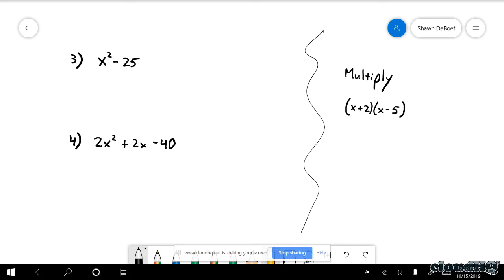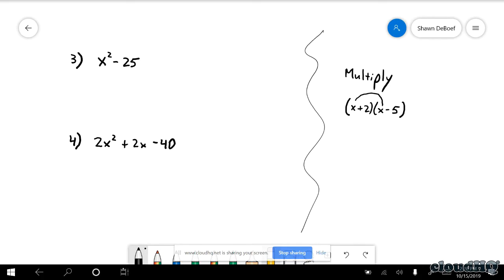FOIL, if someone say FOIL, distribute, or FOIL, some of you might have used like a box method or what do you call it, lattice maybe.